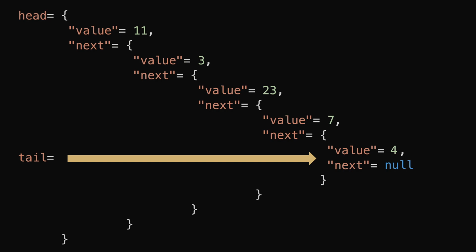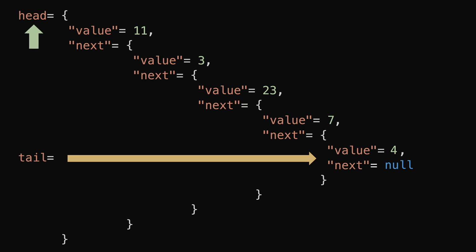In order to have tail point to this node, we need to set tail equal to another pointer that is pointing at this node. And on this screen, there's only one pointer that is pointing at this node. That is next from this node. So then we have to find a way to get to this node. And the only thing pointing at this node is the next value in this node, and so on until we get to the head.